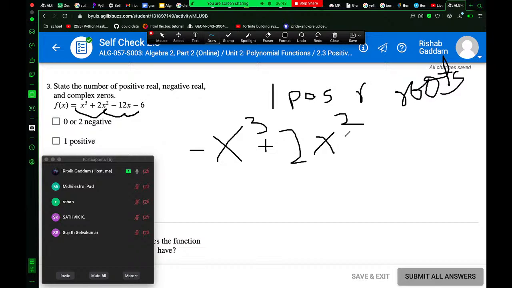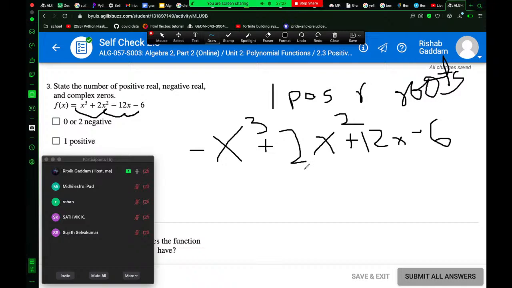So whenever you have a negative base and an even exponent, the answer is always going to be a positive number. And then you have minus 12 times negative x, that becomes a positive 12x, and you have minus 6.